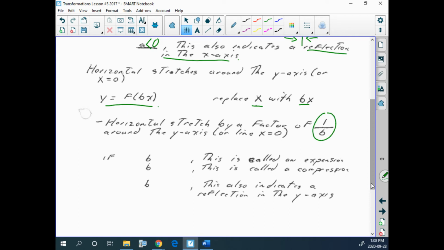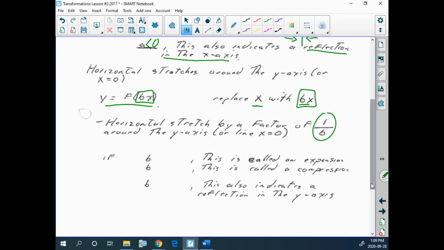Here we have a horizontal stretch by the reciprocal. Again, because you need to plug things into the function rule, the function machine, the stretch is opposite what is inside, or the reciprocal of what's inside this b of x.